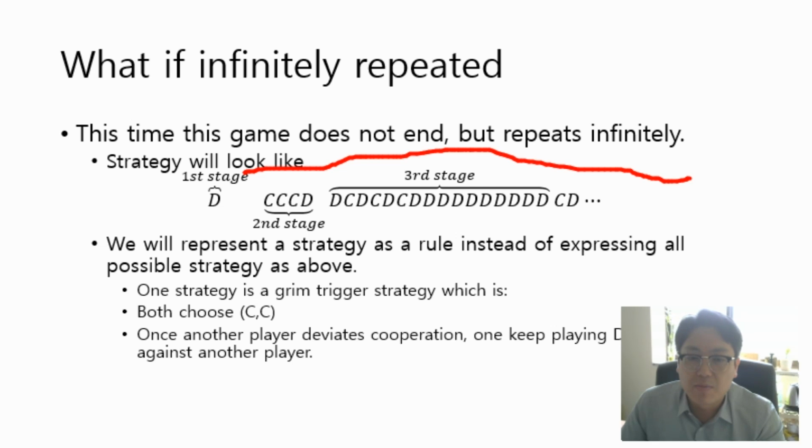One very famous strategy here is called the grim trigger strategy. It consists of the following. At the first stage, everyone chooses C, cooperation.